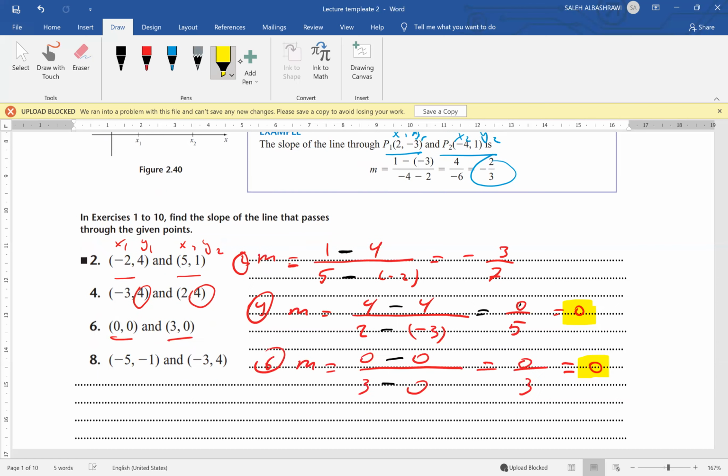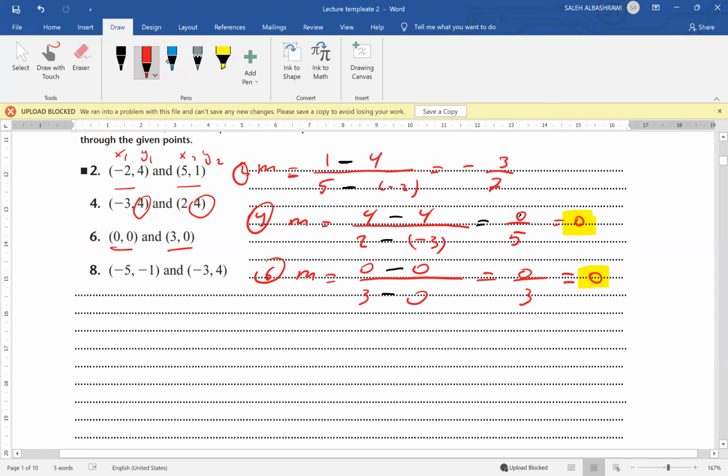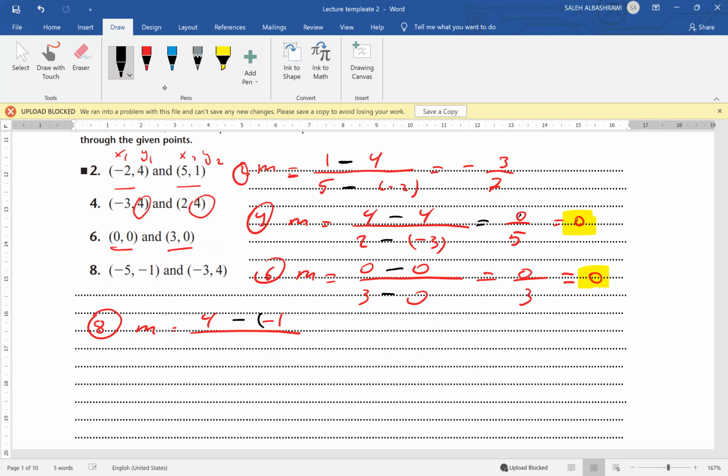For the next one, number 8. We have 2 points, (-5, -1) and (-3, 4). So y2 is 4 and y1 is minus 1, divided by x2, which is minus 3, minus x1, which is minus 5.